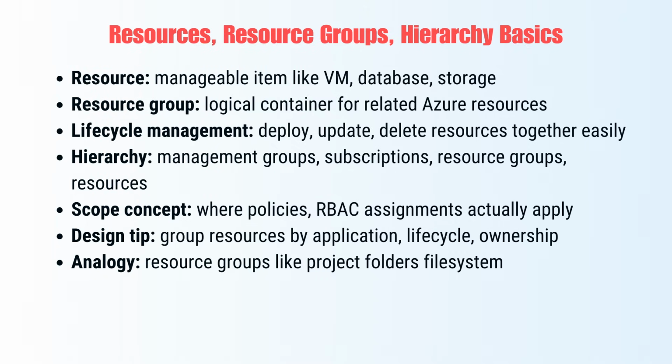A common exam point: resource groups are for lifecycle and management, not for isolation, like networks or security groups. You can move some resources between groups, deploy templates into a group, or delete an entire environment by deleting its group. Design-wise, you typically group resources by application, environment, and ownership.